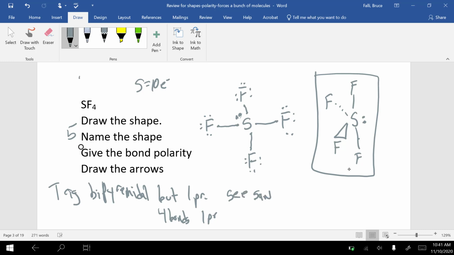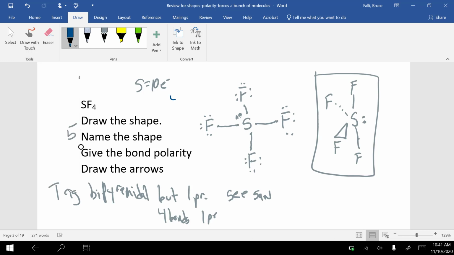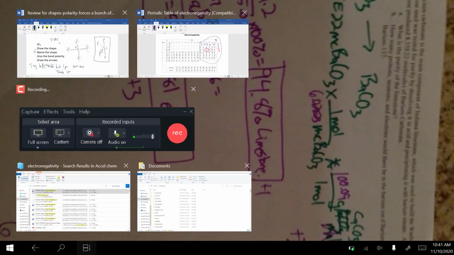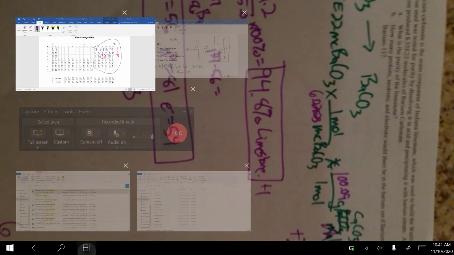Okay. Now I've got to give bond polarity. Okay. So F I know is 4.0, but I forgot what sulfur is. So I need to go back to my periodic table. Sulfur is 2.5. Fluorine is 4.0.